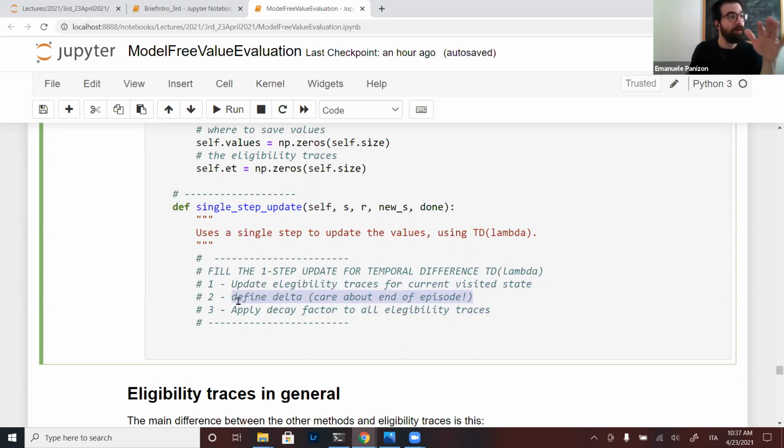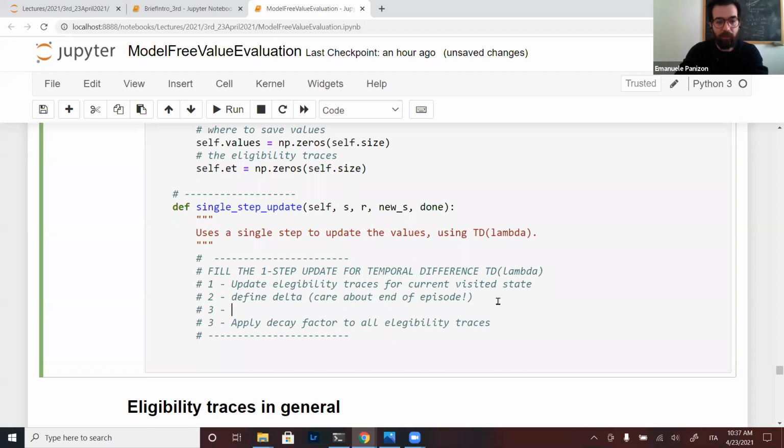And then instead of updating only one state, I'm updating all of the states with eligibility traces. And then I decay all of the eligibility traces. Okay. So in a sense, here I have step 3, which is apply update to all states proportional to eligibility traces.